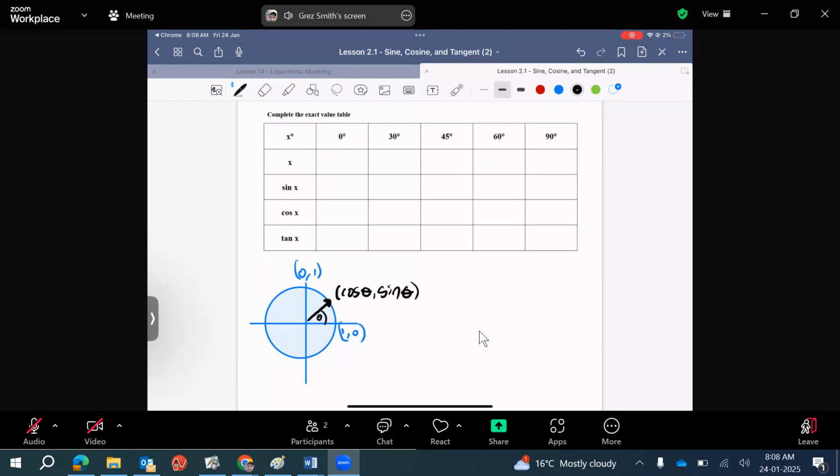So if the terminal ray stays there and doesn't go anywhere, the opposite has no height. So the sine has no height, it's going to be 0. And the cosine goes straight to this particular point there, so it's equal to 1. We rotate it up to there, and then the sine now is 1 and the cosine is 0.